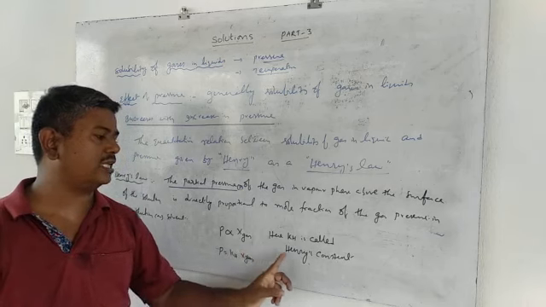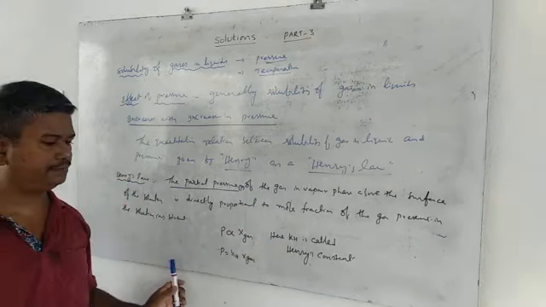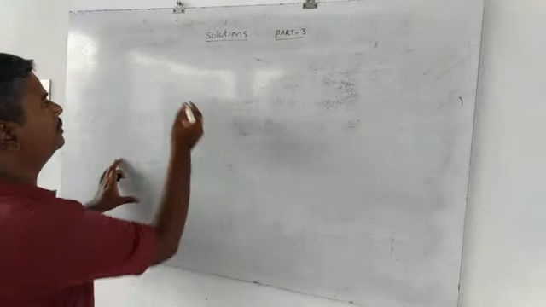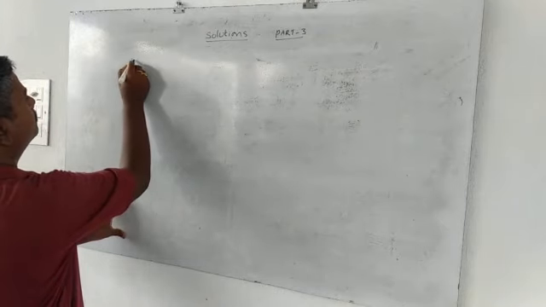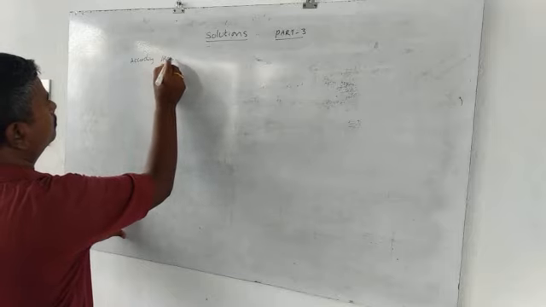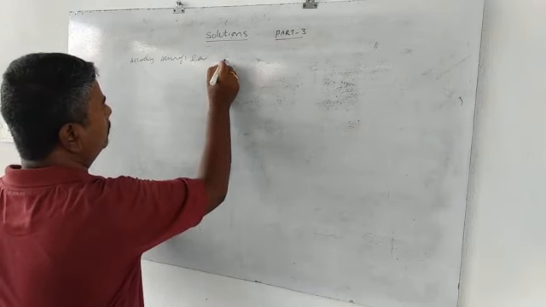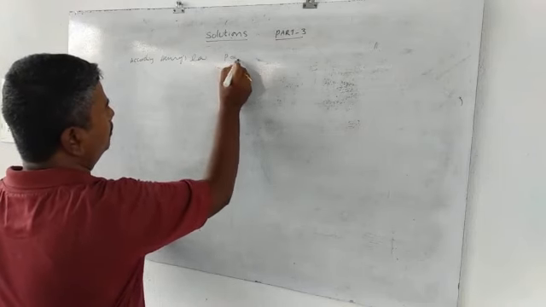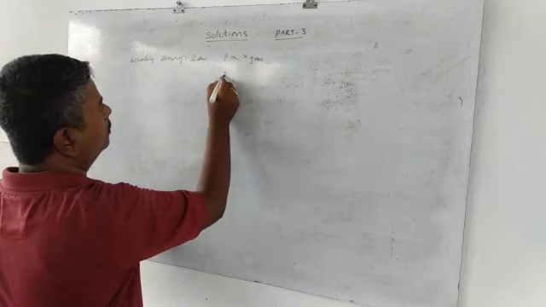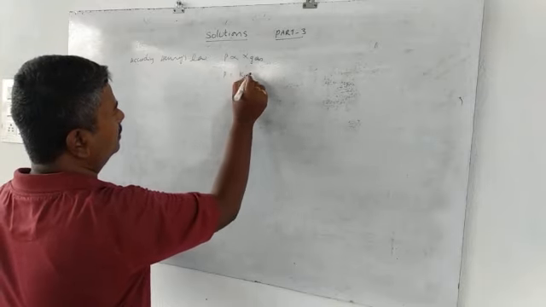So here KH is called Henry's constant. And what about the Henry's constant? According to Henry's law, we know that the partial pressure is proportional to the mole fraction of the gas. That is P equals KH times the mole fraction of the gas.